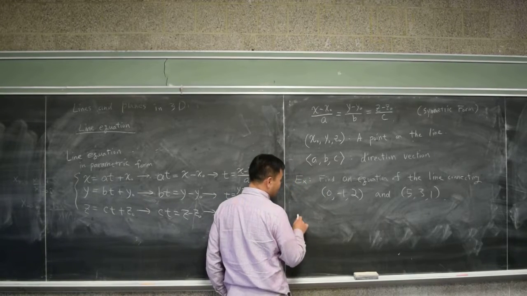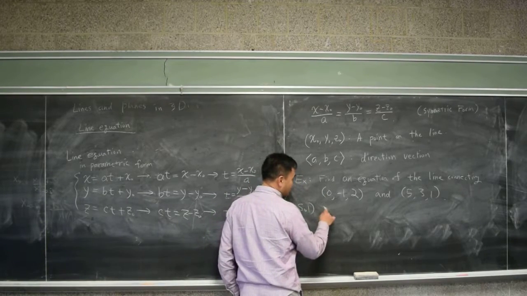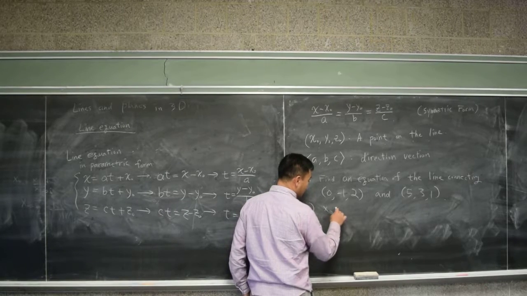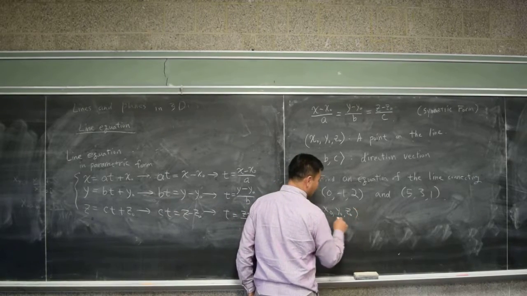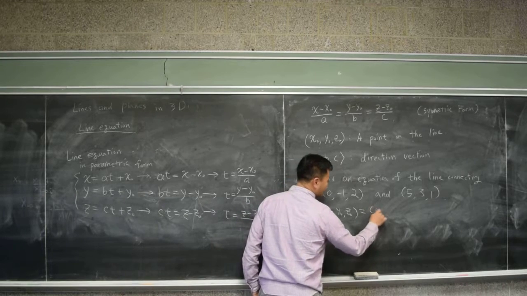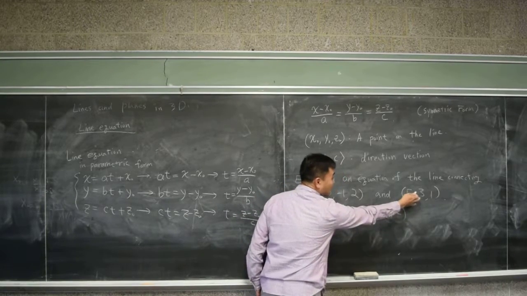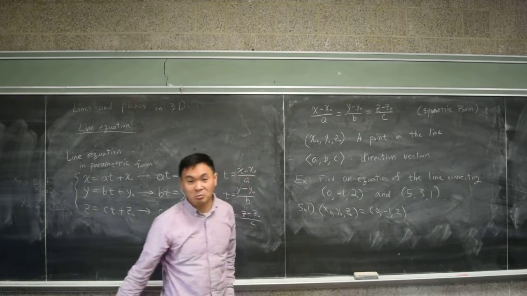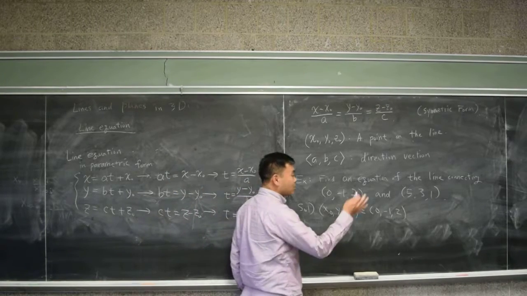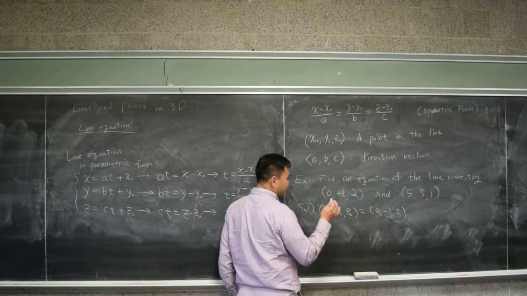All we want to do is to say solution. We're going to say that x naught, y naught, z naught is this point, (0, -1, 2). We could have chosen this one. It doesn't matter. Okay? Both are right. At the end of the day, it will be the same line.